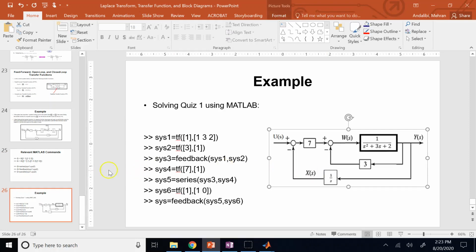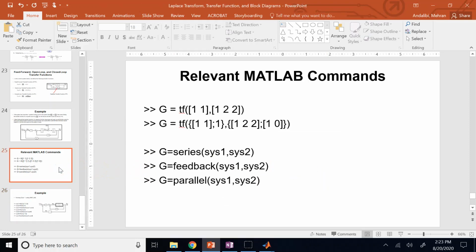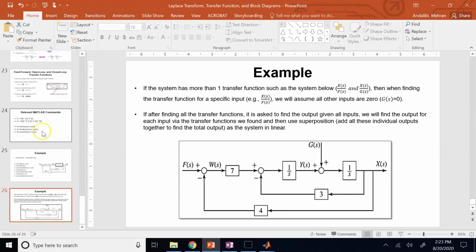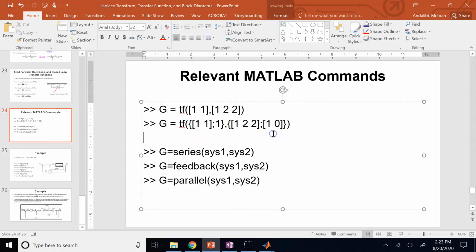I'll show you how to use relevant Matlab commands to confirm your solution. And then we do this one, which is a little bit more complicated. Okay. So in Matlab, if you want to form a transfer function when you have the numerator and denominator, all you need to do is to pass the numerator coefficients of the polynomial from the highest to the lowest, and then the denominator.